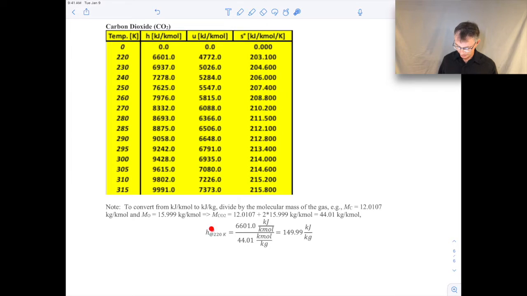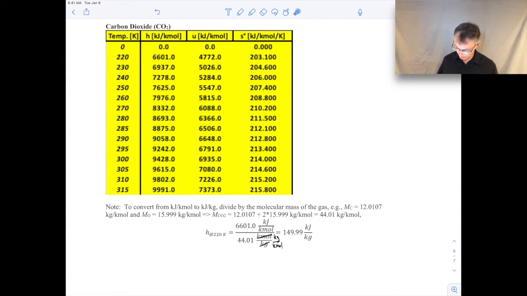So to get the specific enthalpy at 220 Kelvin, we take the molar specific enthalpy, which would be 6601 kilojoules per kilomole, that's this one, and divide through by the molecular mass of 44.01 kilograms per kilomole. I've got this flipped upside down. This should be kilograms per kilomole.